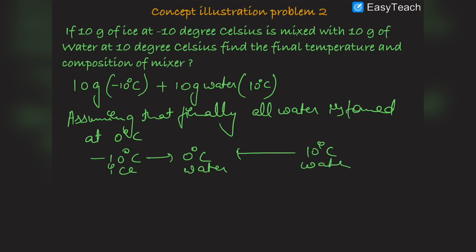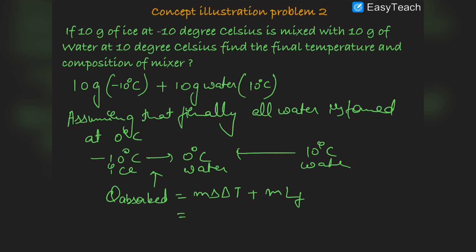And in this process, the heat absorbed by the ice would be equal to m s delta T for the change in temperature of ice from minus 10 degrees Celsius to 0 degrees Celsius, plus m into L for the change of phase of ice at 0 degrees Celsius.